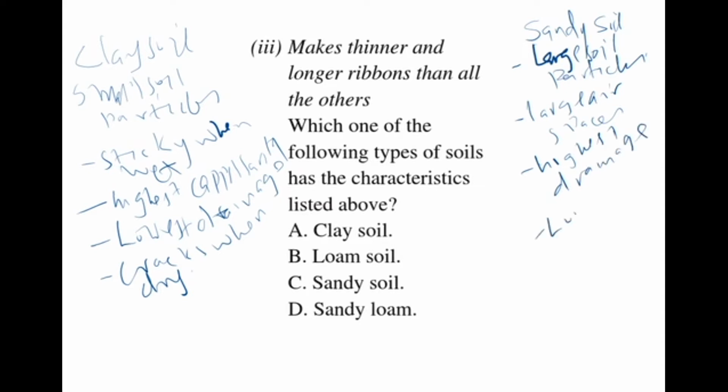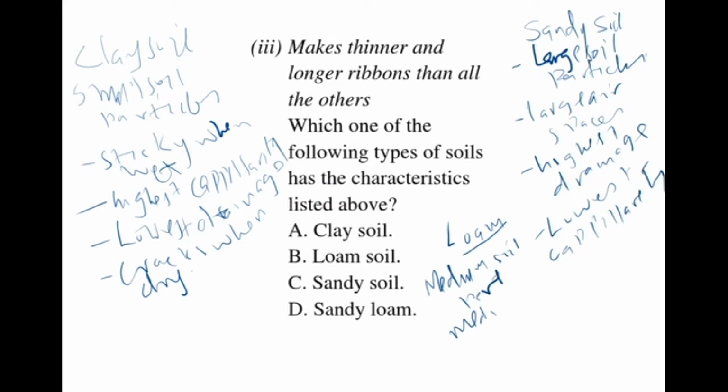It has the lowest capillarity. Then when you look at the loam soil, it combines the characteristics of both the clay and sand. So it usually has medium soil particles, medium drainage, etc.